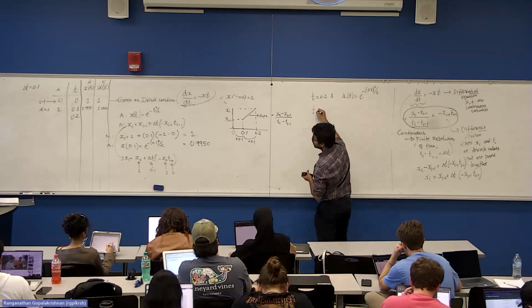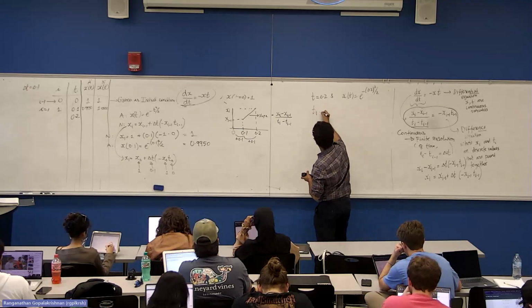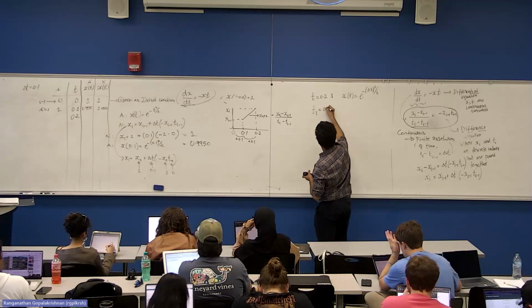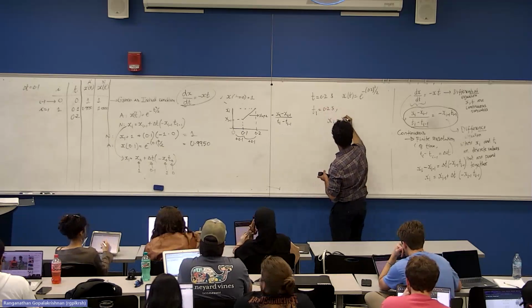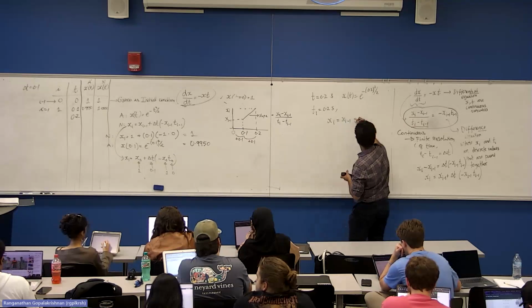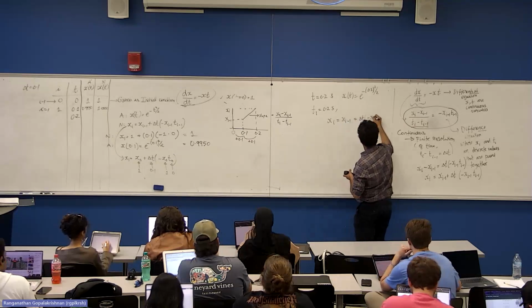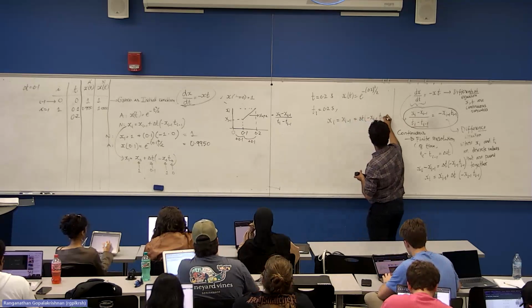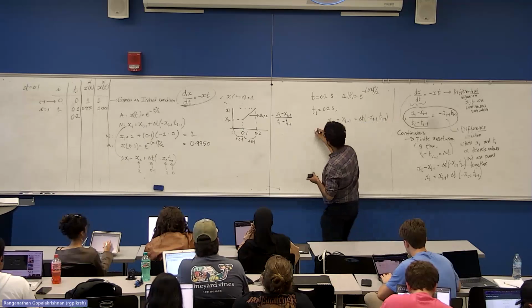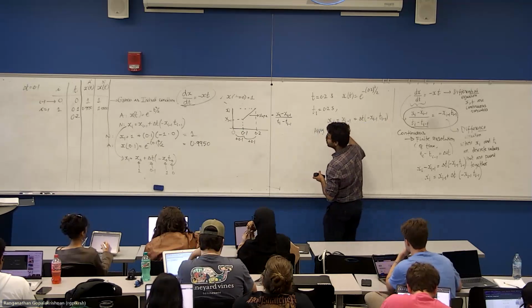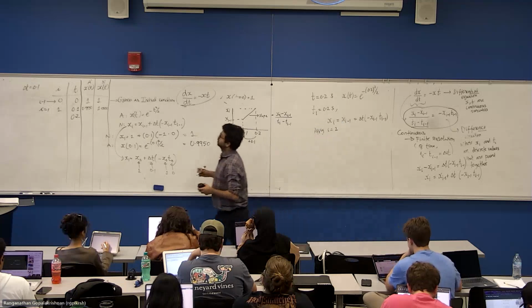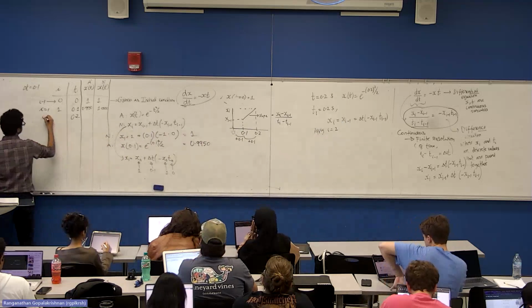And for t_i equals 0.2 seconds, we would write x_i is x_(i-1) plus delta t times minus x_(i-1) t_(i-1). Apply i equals 2.